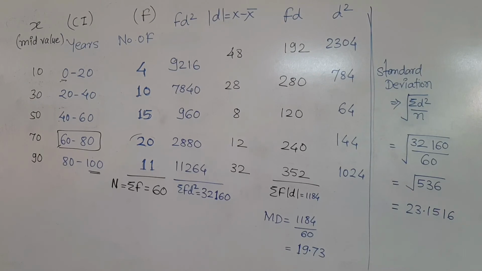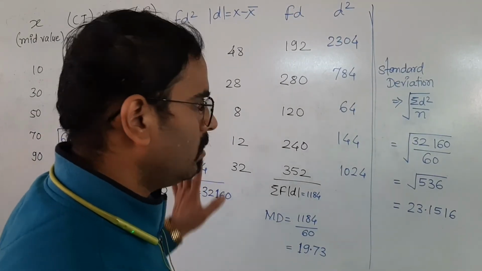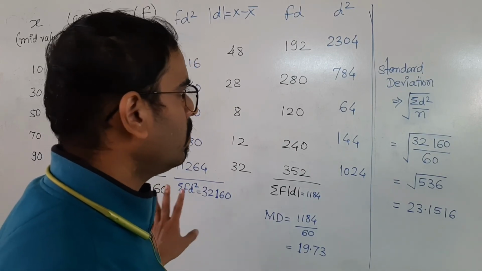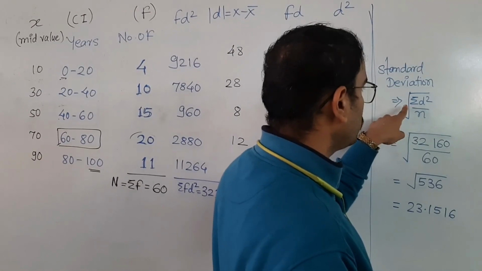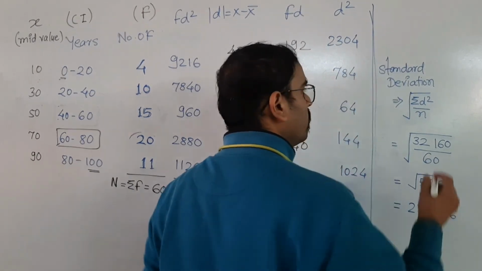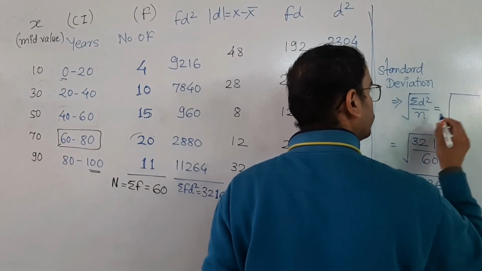Now we are going to see how to find standard deviation. So in the earlier example we have seen how to find range, quartile deviation and mean deviation. But now there is the formula of standard deviation. Standard deviation formula we have seen: summation d square divided by n. But when a frequency is given, we have to consider that frequency.